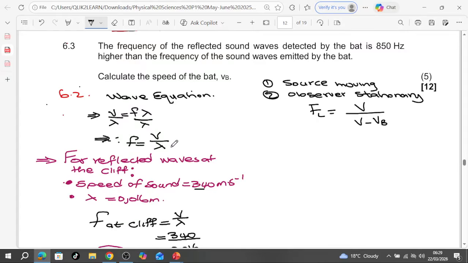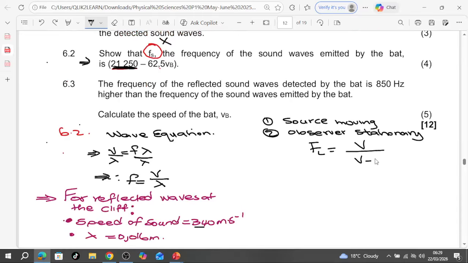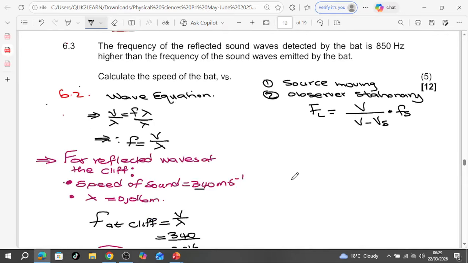Why am I saying this is VB? Okay, fine. Let's write the formula first, then we'll do the substitution next. I think everyone will be happy about that. V of the source times Fs.